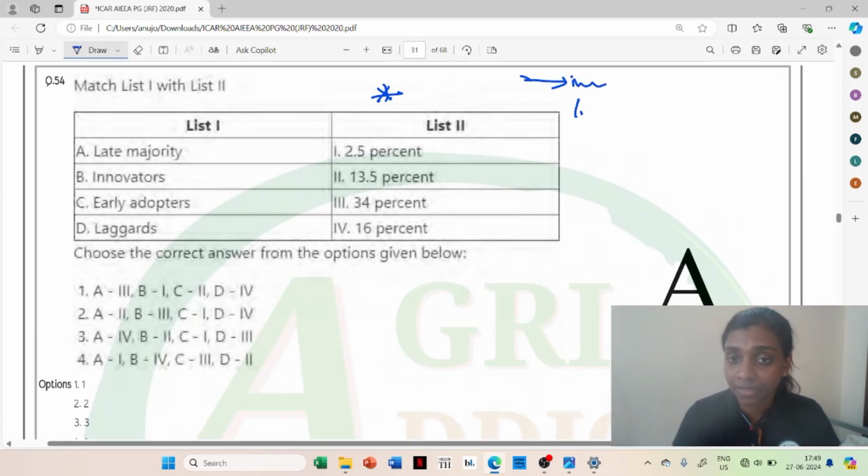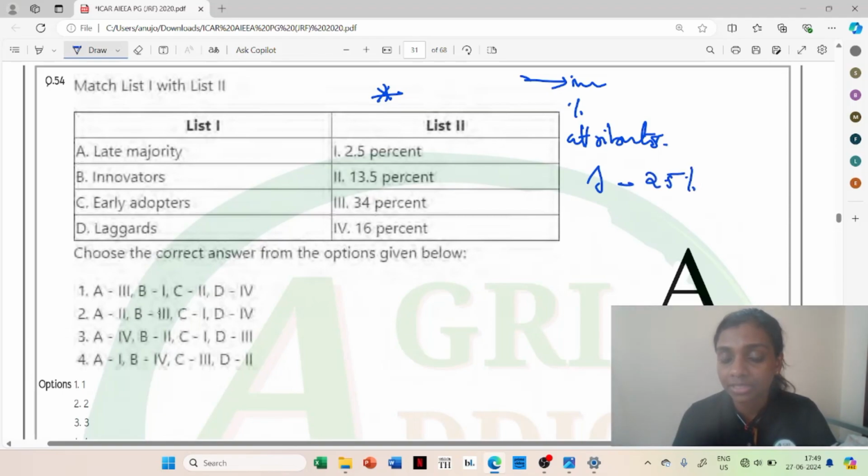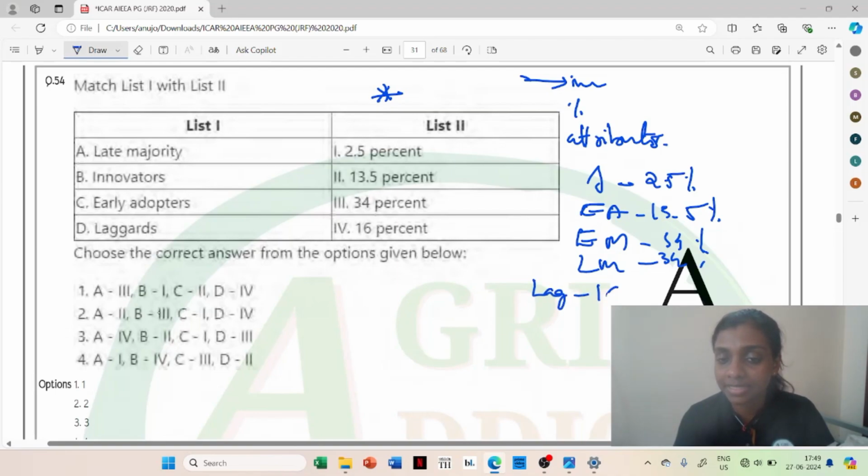Then they will ask about the percentage of members in each adopter category in a social system, and the major attributes of each category. First there will be innovators, 2.5 percent, early adopters, 13.5 percent, then early majority and late majority, both 34 percent each, and finally laggards, 16 percent.